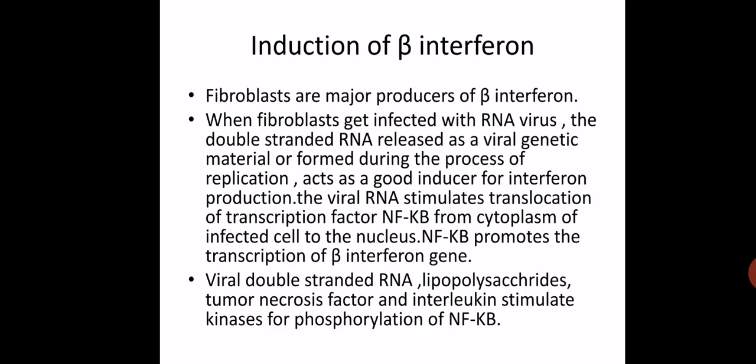So we know that either DNA or RNA is there in a virus. When the fibroblast gets infected by the RNA virus, the double-stranded RNA is released as viral genetic material, and it acts as a good inducer for interferon production. Means what? The RNA virus acts as a good inducer for interferon beta.